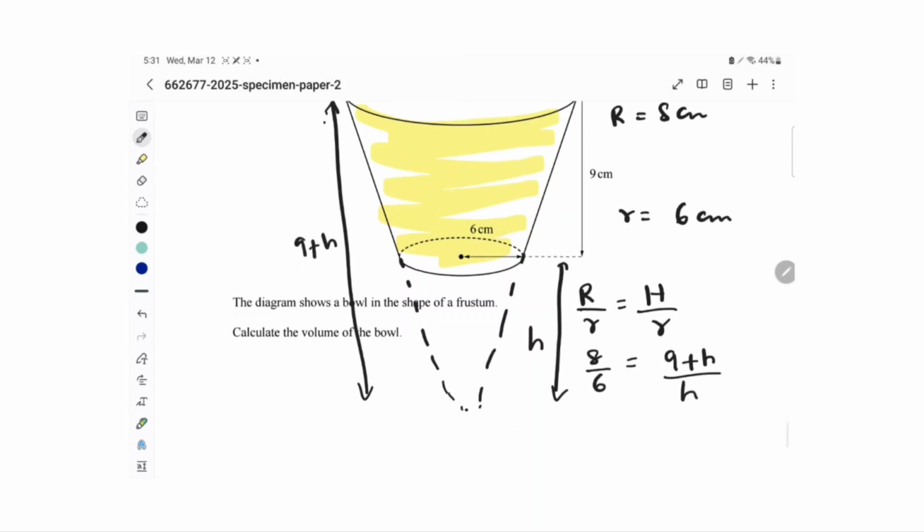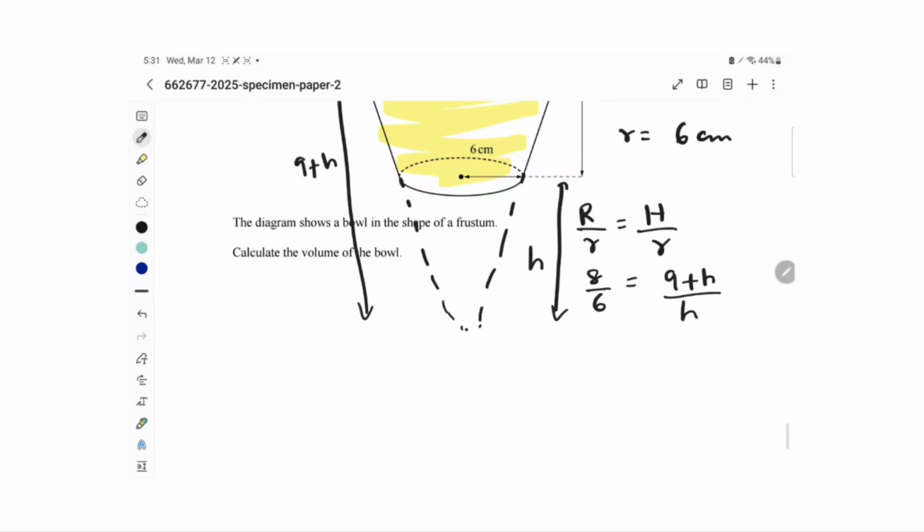Now cross multiply and find the height, and you can easily find the volume of the larger and the smaller cone.